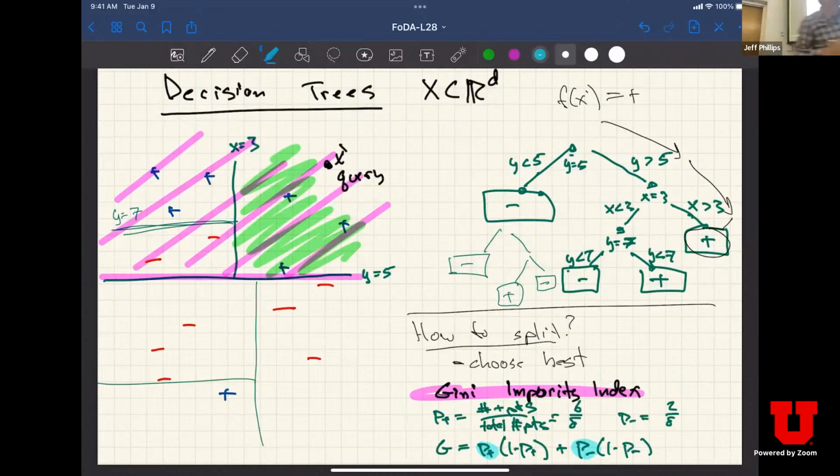That's this first value. The probability it's a plus point, of all the points in this upper half, is going to be 6/8, so 0.75. And the probability it's going to be a minus point is 0.25, 2 out of 8.